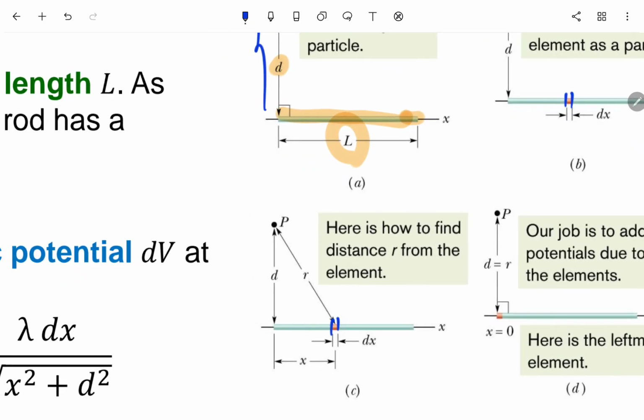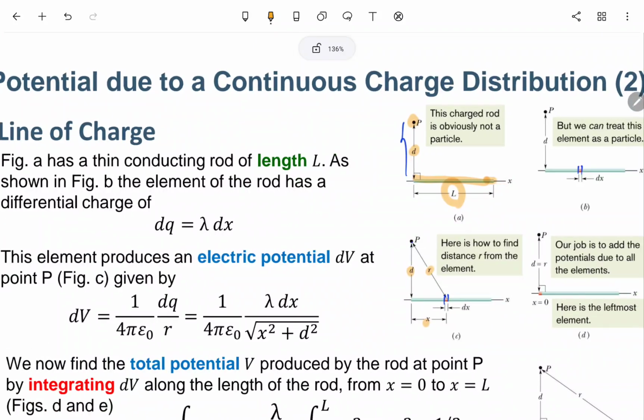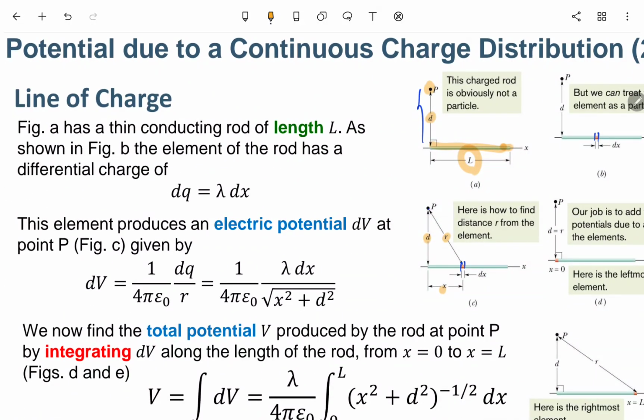The distance from this dx to P will be r. But r is not a known variable. The known variables are only d and x. Actually we have dV equals K times dq over r. We assume that the linear charge density is a constant, so dq equals lambda dx, just as what we did before.